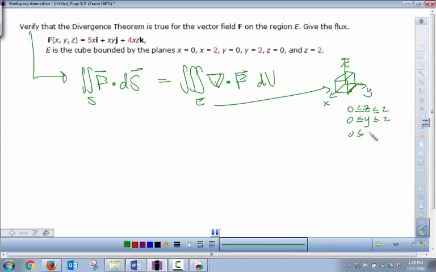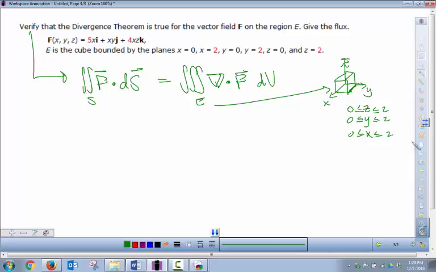So remember, whenever you have constant limits for a double or triple integral, you're looking at rectangles or boxes. If your shape is somehow curved, like part of a sphere, then you're not going to have constant limits.